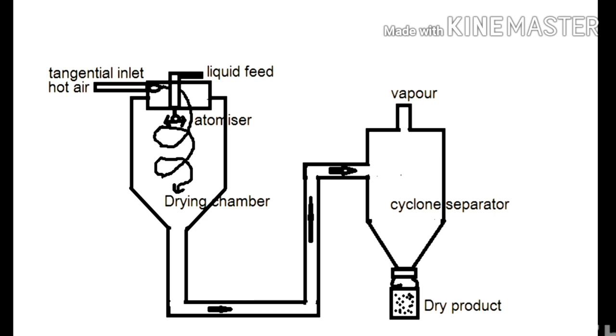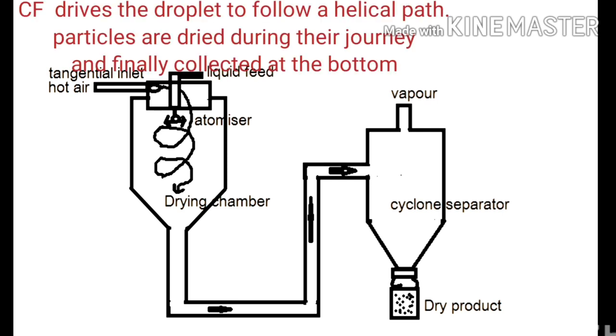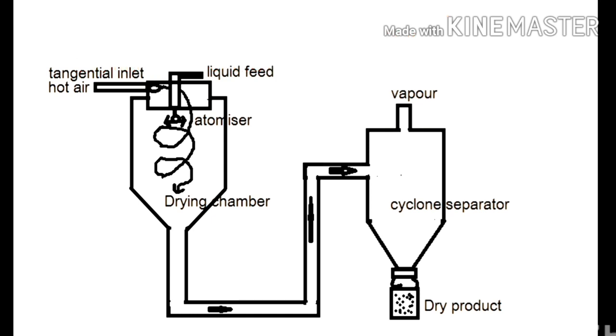Move on to the third stage, that is recovery of the dried product. In the spray dryer, here we are using a spray disc atomizer. The spray disc atomizer is rotated at a speed of 3000 to 50,000 rpm. Because of the rotation of the atomizer, centrifugal force develops in the drying chamber and this centrifugal force drives the droplet to follow a helical path.